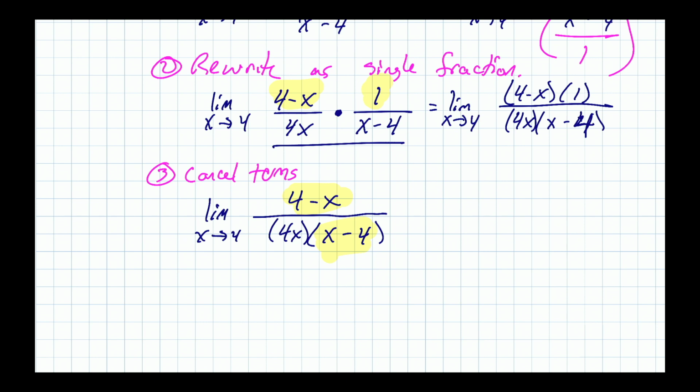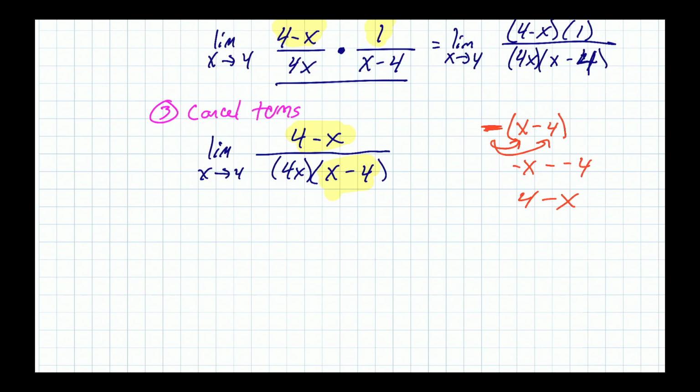If you had minus x minus 4, what would it be? If you had a minus here, you'd have minus x and then minus minus 4. Minus x minus minus 4, which is 4 minus x. Okay? Now, that's messy right there. I'm going to erase it actually because it's messy.